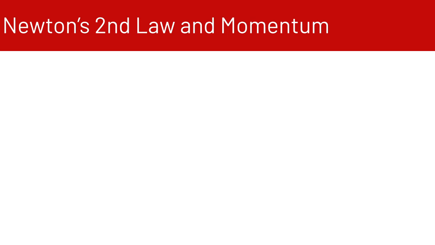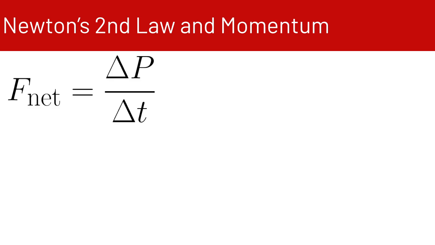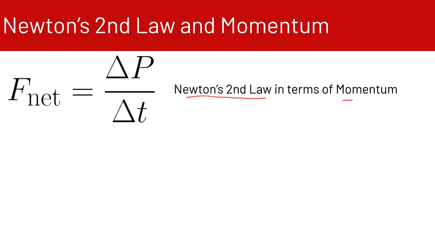All right, so let's talk about how Newton's second law and momentum are related. Here's Newton's second law in terms of momentum. Here we have delta P over delta T, that's change of momentum over change in time. We can rewrite delta P as delta mv, the change in momentum, because momentum is just mass times velocity.